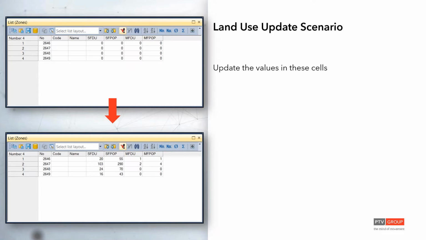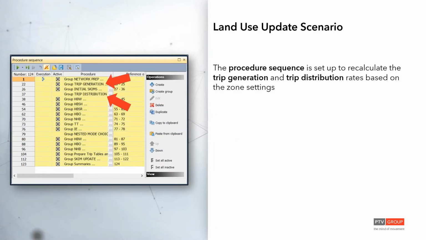As you're typing these values in, again, the procedure sequence will automatically know to take these cells, and it'll take this data from the zones during the trip generation and trip distribution sections. It'll take these values from the zones themselves and run them through the procedure automatically.